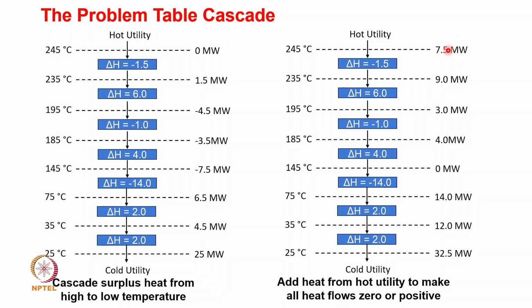When you add that plus 7.5 as a heat utility, you could see that 7.5 minus 1.5 becomes 6, 6 minus 6 becomes 0, and so on. Anyway, you have a cold utility requirement of 25 megawatt, that would be added to 7.5 to become 32.5 megawatt.